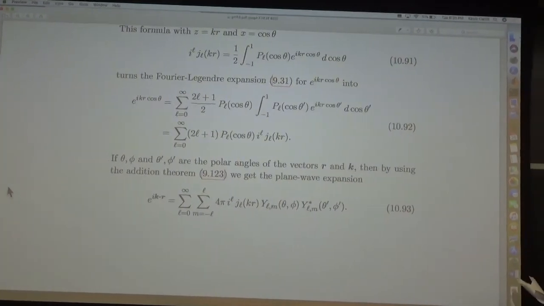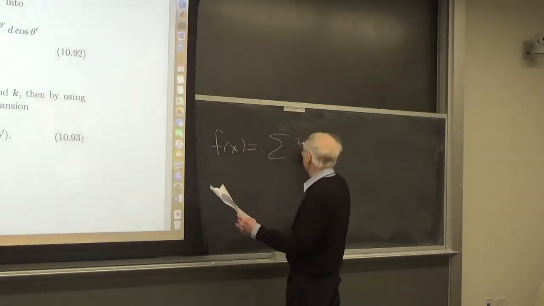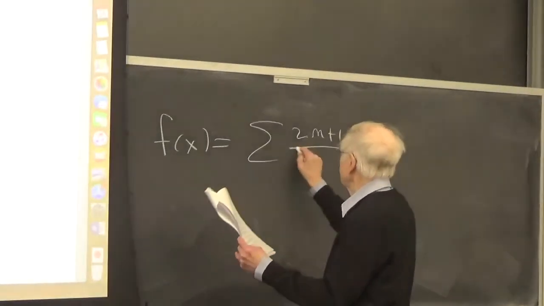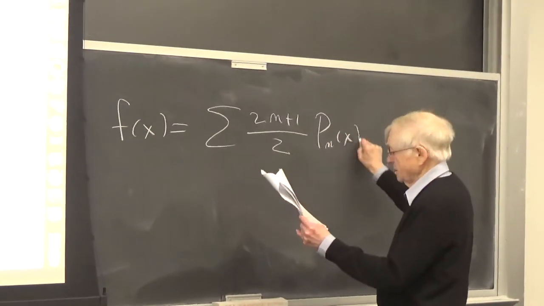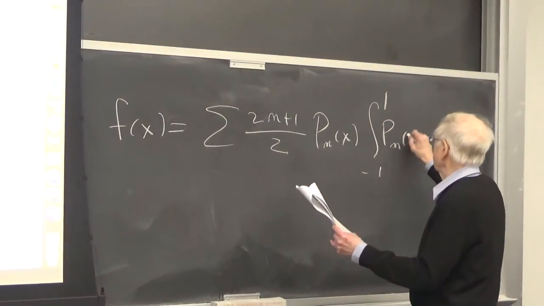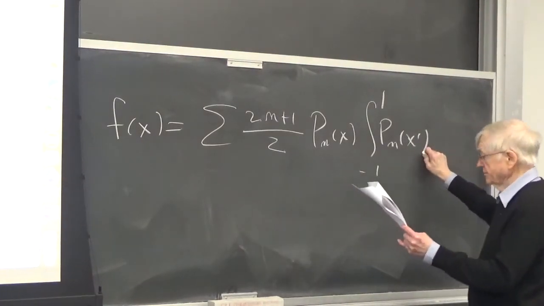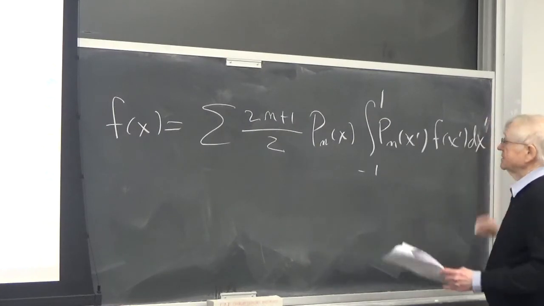So F of x can be written as a sum of 2n plus 1 over 2 Pn of x, integral from minus 1 to 1 of Pn of x prime f of x prime dx prime.